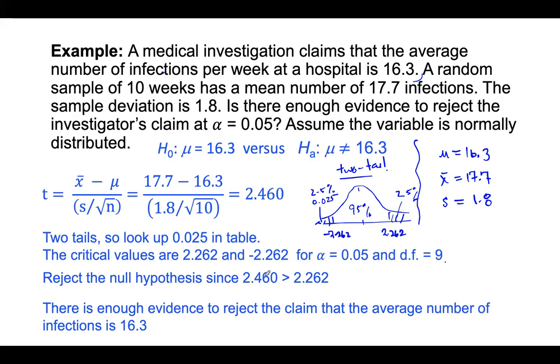Our test statistic is larger than this value. It's over, let's say, here somewhere. So it is in that rejection region. Therefore, we reject that null hypothesis. So there is enough evidence to reject the claim that the average number of infections is 16.3. So we reject the null.